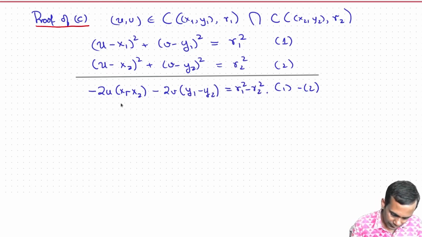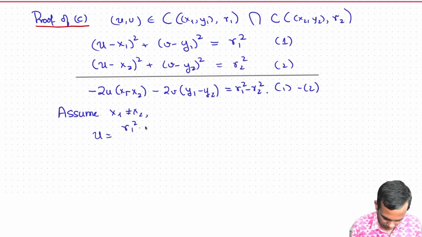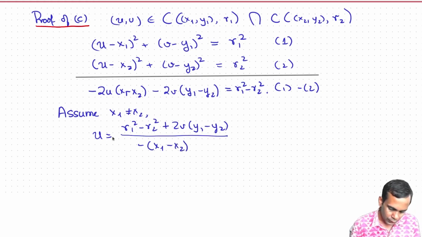So using this we can eliminate, let's say assume that x1 is not equal to x2. Then we can write u as r1 squared minus r2 squared plus 2v(y1 minus y2), the whole divided by negative of (x1 minus x2). And so you can eliminate u from either of these equations and solve for v.